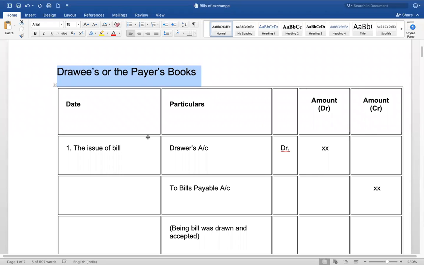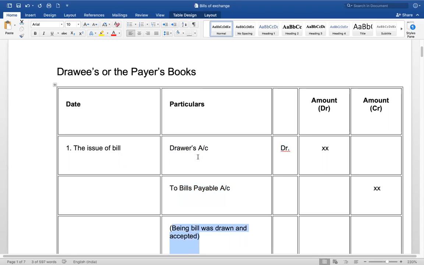When the bill is issued, in the books of drawee, we debit the drawer account to bill payable account, being bill was drawn and accepted.